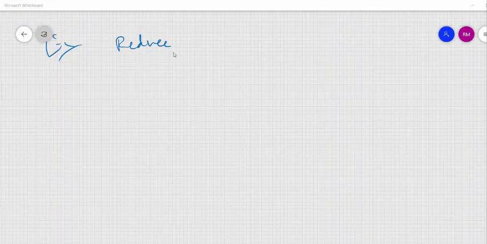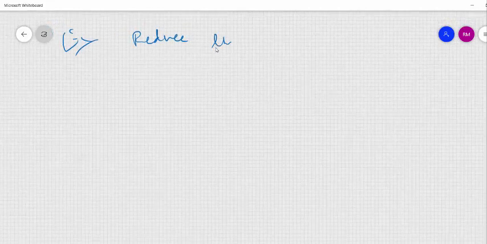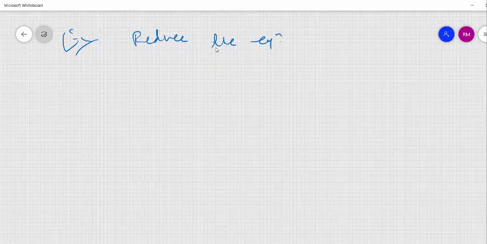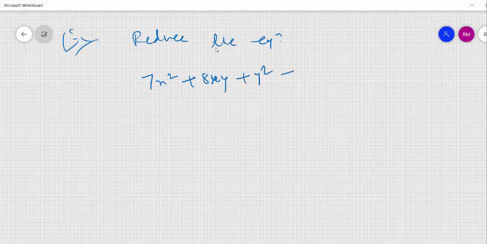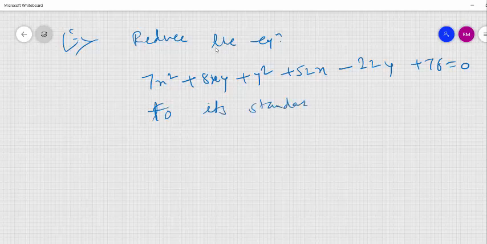Now we take a problem on this. Reduce the equation 7x square plus 8xy plus y square plus 52x minus 22y plus 76 equal to 0 to its standard form and obtain the center.